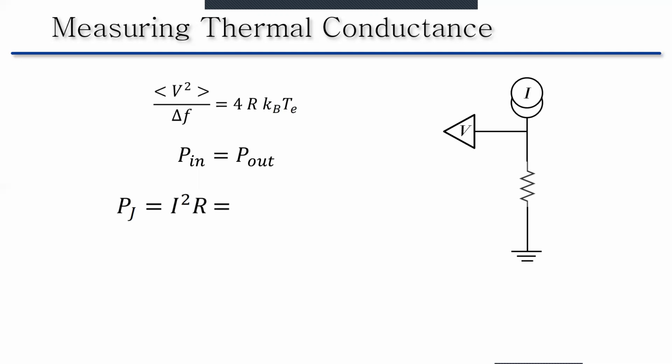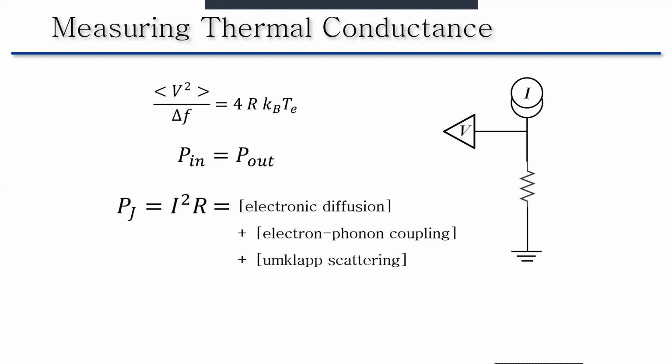That can be a lot of different things. Hot electrons will accelerate in the applied electric field and gain energy, and they can lose that energy once they reach cold contacts at some back temperature. The electrons can interact with phonons and lose energy to the phonons. Umklapp scattering can contribute to energy loss. You can have inelastic impurity scattering as well, radiative losses.